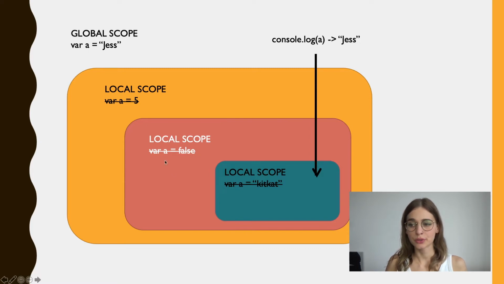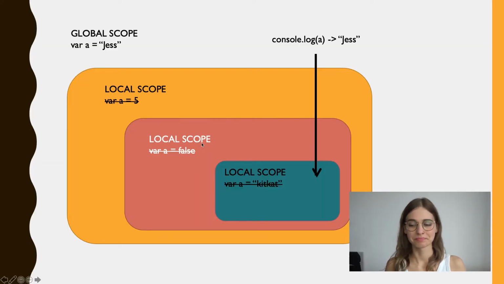So it would go around looking for it because it can access any of those that are higher. So again, it's like your house, but inside the room. You're inside your room and you can go out, but let's say somebody else cannot go inside your room.